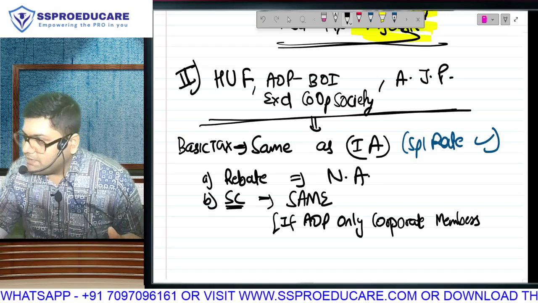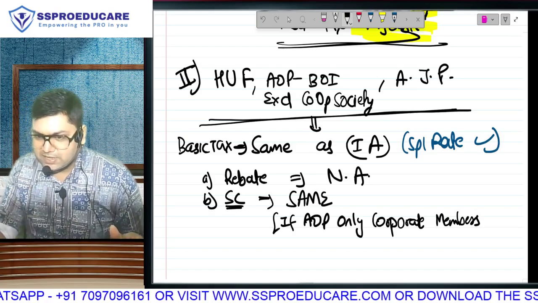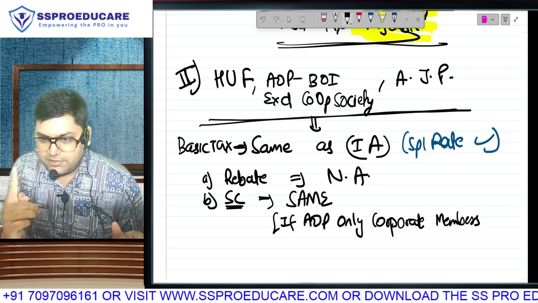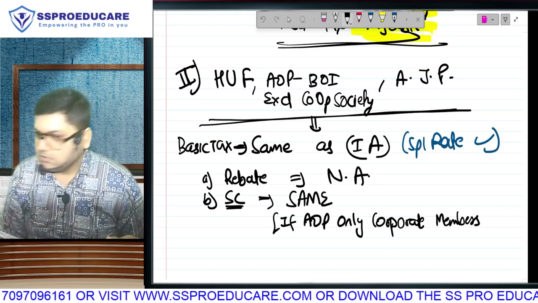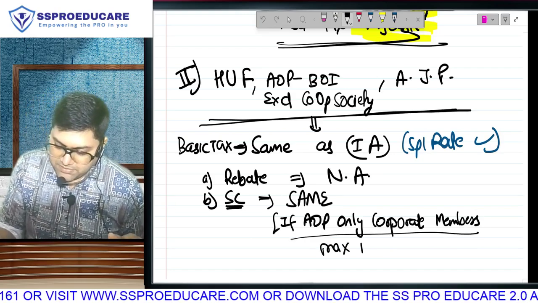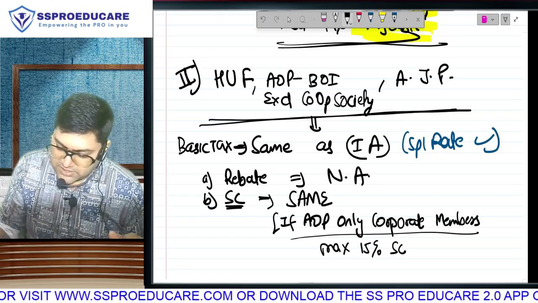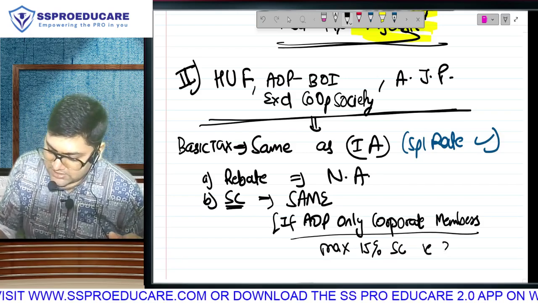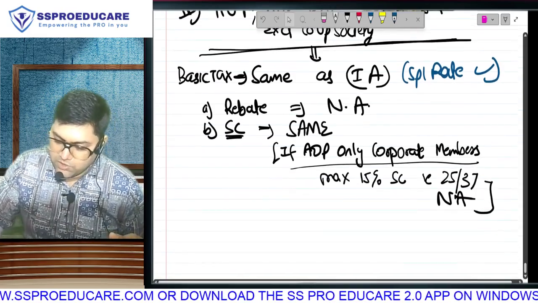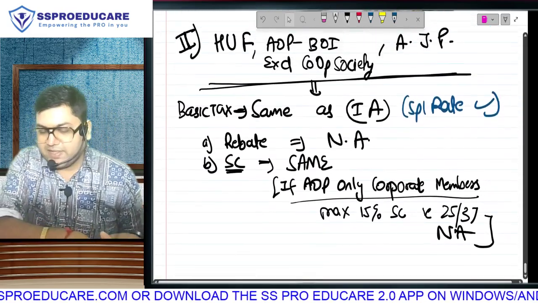Glenmark, Sun Pharma, Mark Sons, all the pharma, Ranbaxy, all of them are members. Means all the members of this AOP are, come on, corporate. Then maximum 15% surcharge, or you can say like this, that is 25, 37 not applicable at all. Normally on an AOP, is 25, 37 applicable?